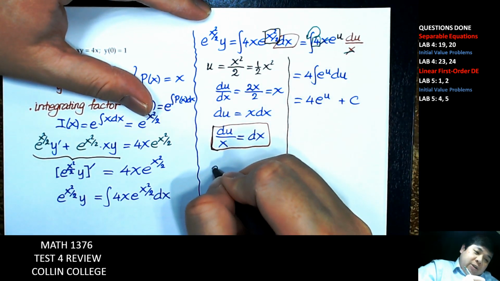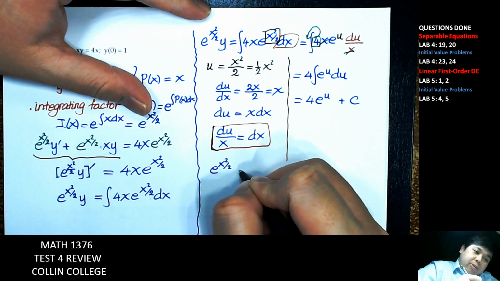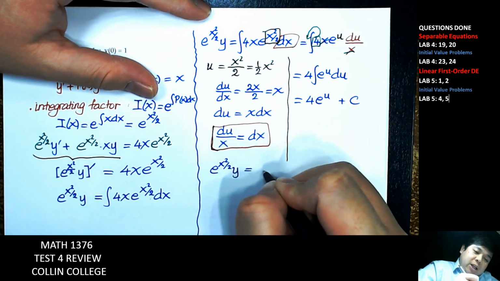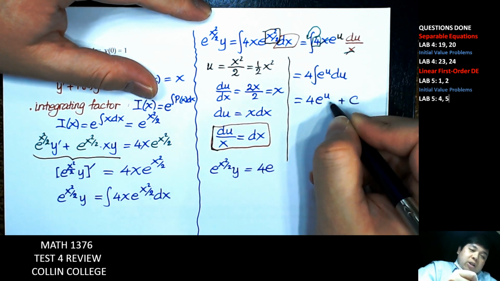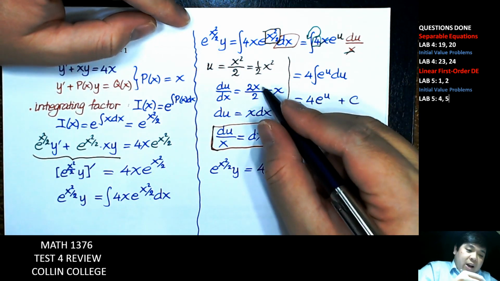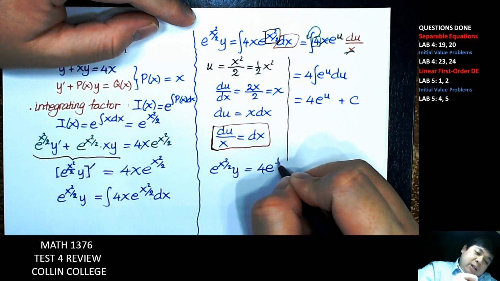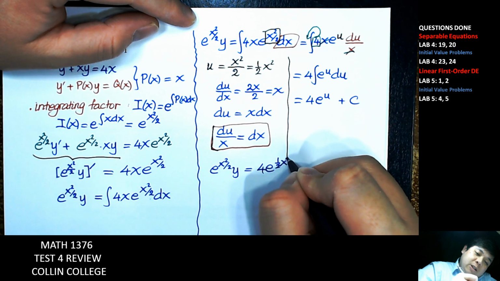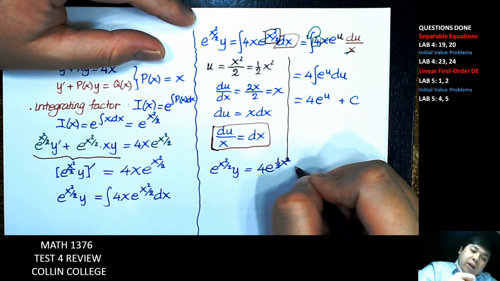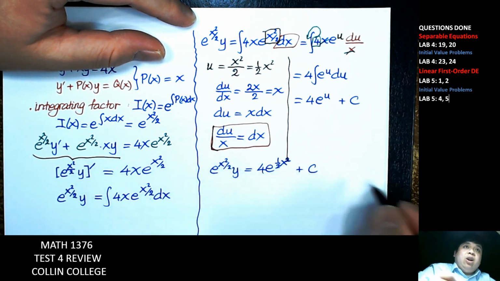At the end, we should have e to the x squared over 2 times y equal to 4 e to the u, which is 1/2 x squared, plus c. Divide by that on both sides.